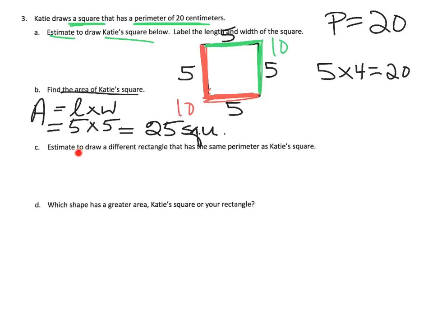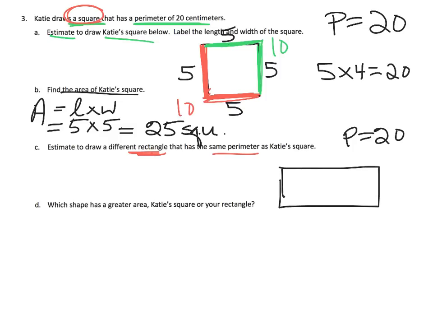Then the last one says estimate to draw a different rectangle. So now it says rectangle. It doesn't specifically say square like it did earlier. That still has the same perimeter of 20. So remember, if the perimeter is 20, that tells you in your rectangle that the length plus the width has to equal 10, because the other length plus the width is also 10.